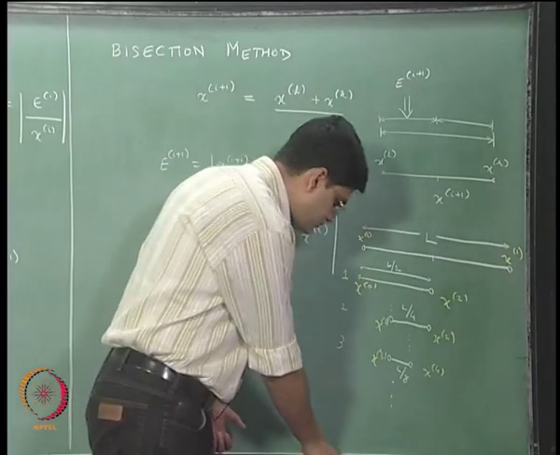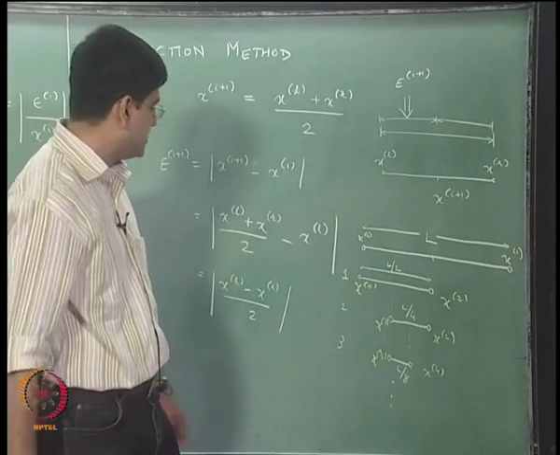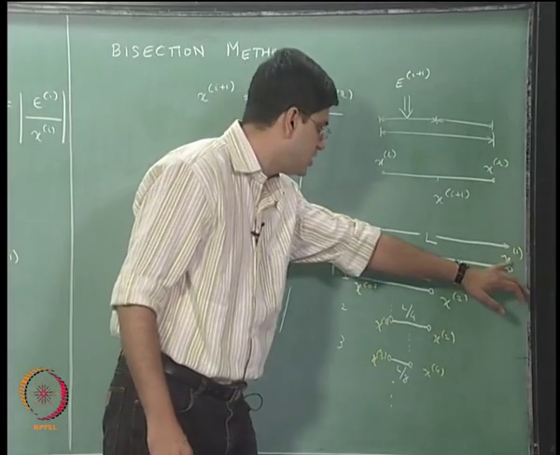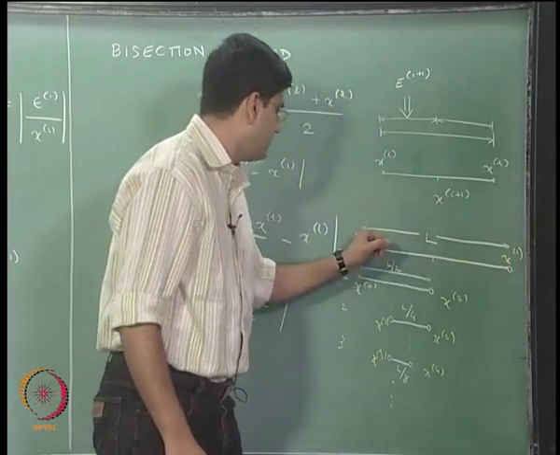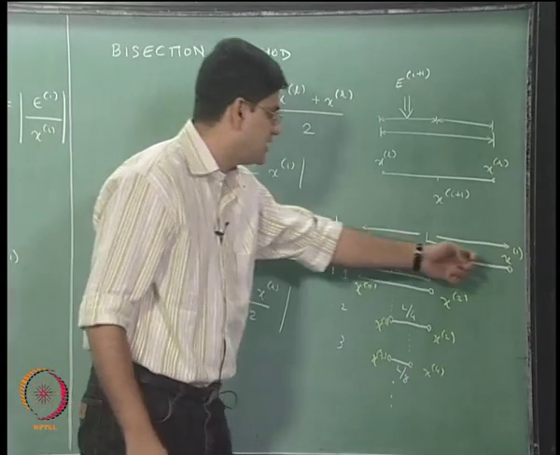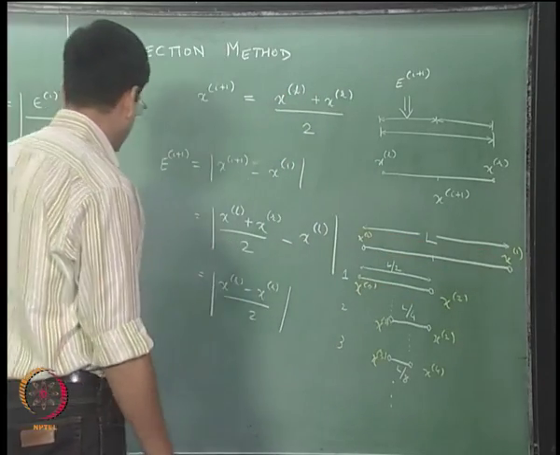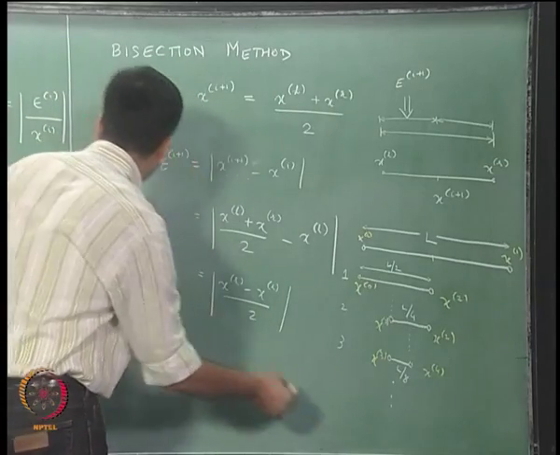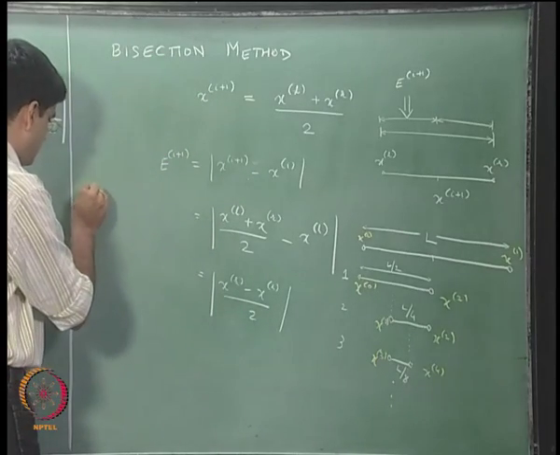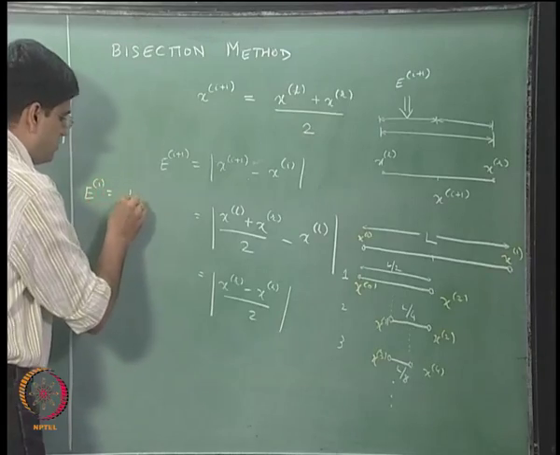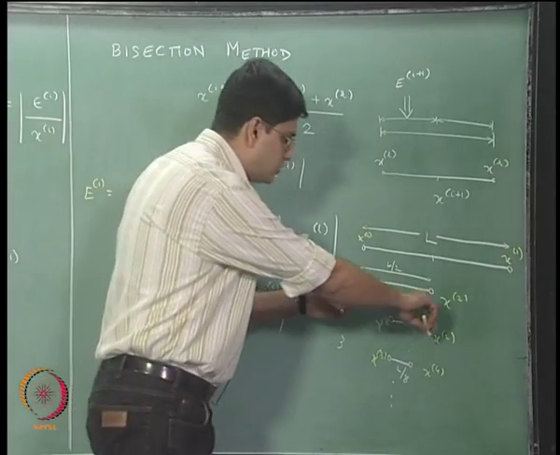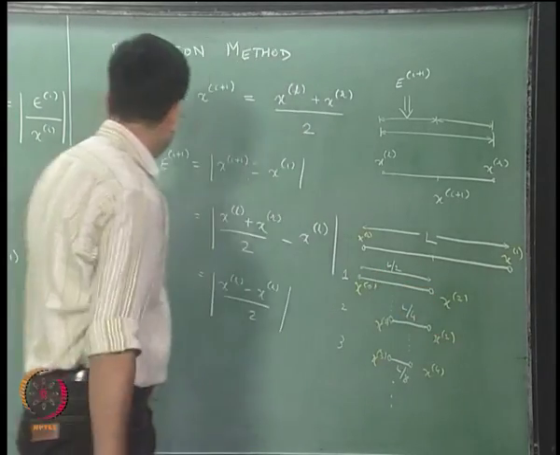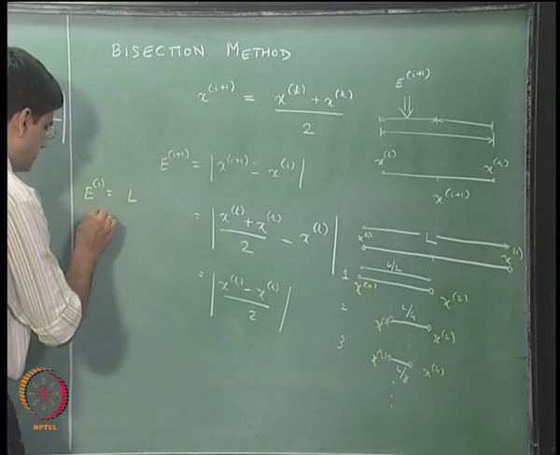The initial difference that we really started out with was x1 minus x0, which is nothing but our E1, so E1 was equal to L. That is what I am going to write down over here. Our E2 is then this particular difference, and E2 was nothing but L by 2.